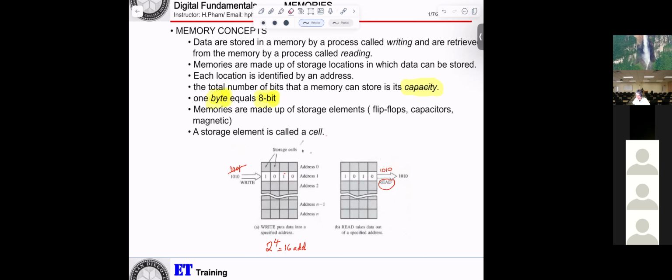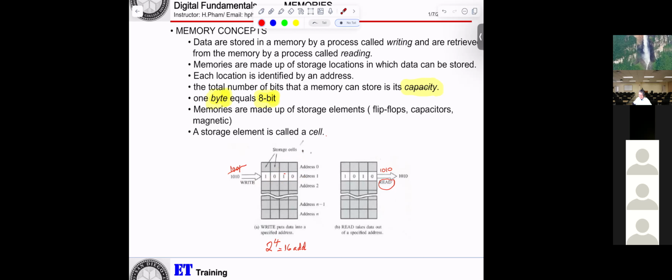okay. So if I change to 1010, what happens is at location 1, it erases everything and writes the new data to that location.